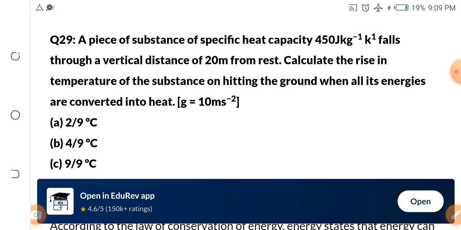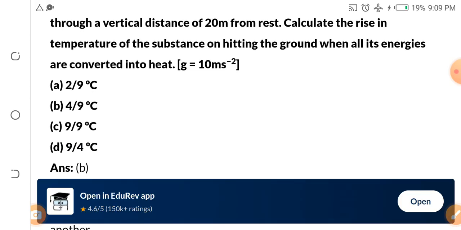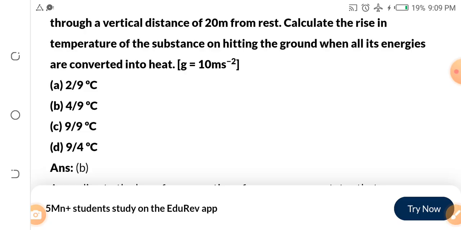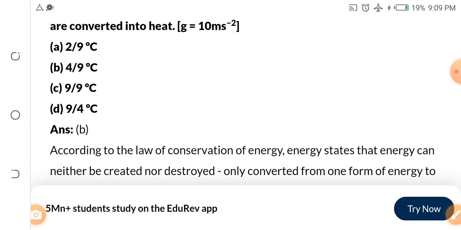Calculate the rise in temperature of the substance on hitting the ground when all its energies are converted into heat. Of course, you know that your g is always 10 meters per second squared.